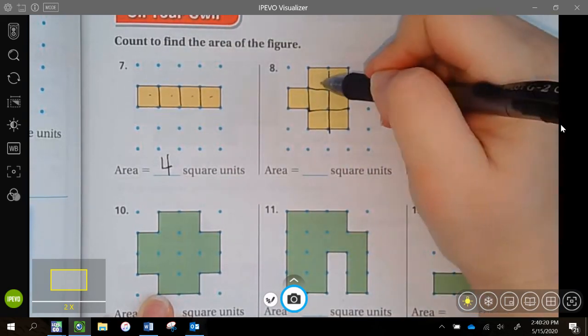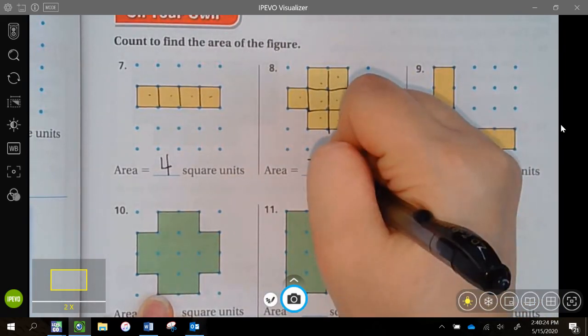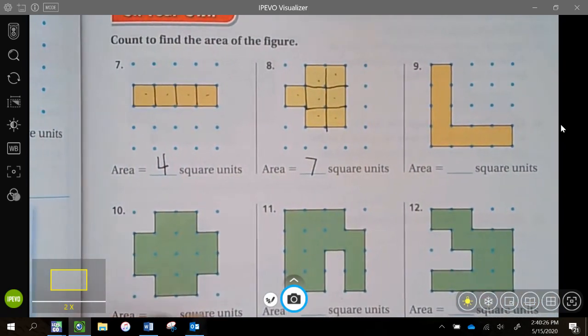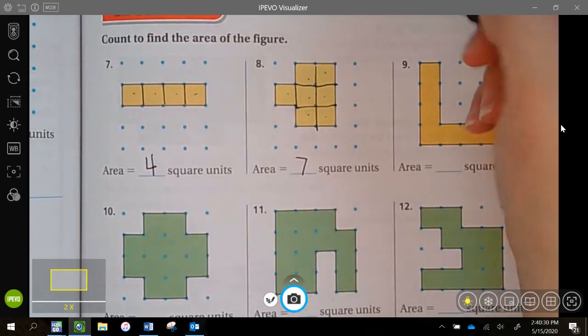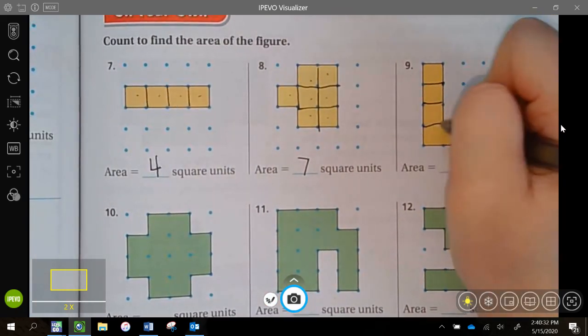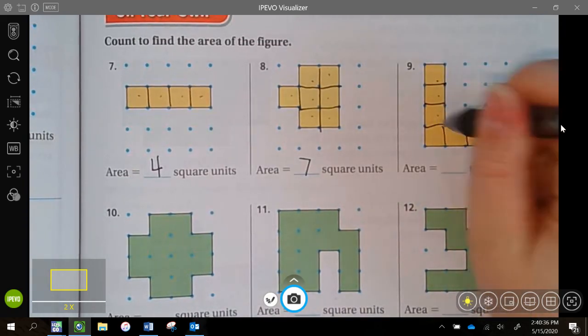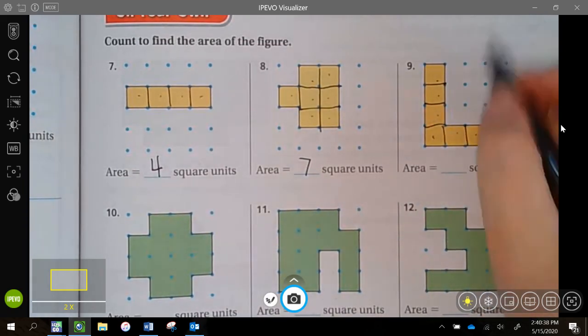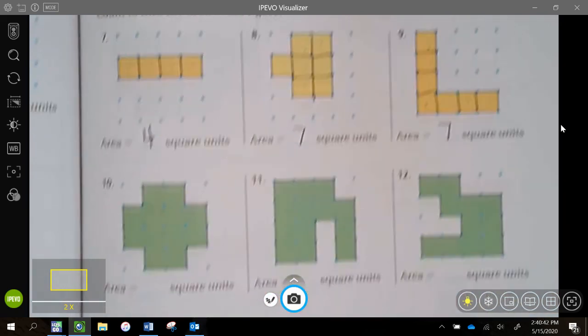So I like to do 1, 2, 3, 4, 5, 6, 7. That's going to be 7 square units. Notice the label says square units because we're talking about the squares. And I can put these together. 1, 2, 3, 4, 5, 6, 7. Another 7.